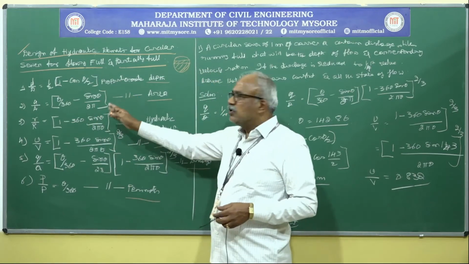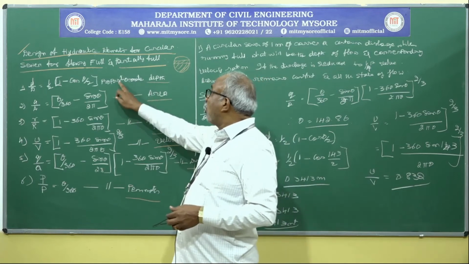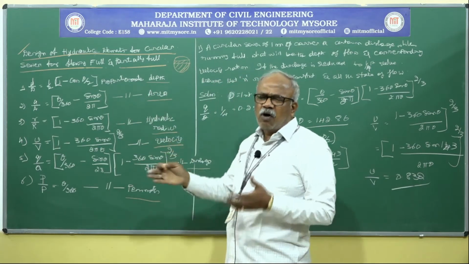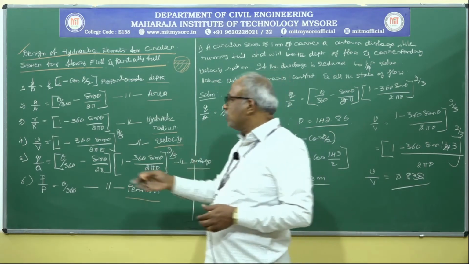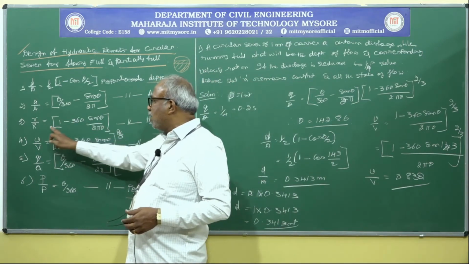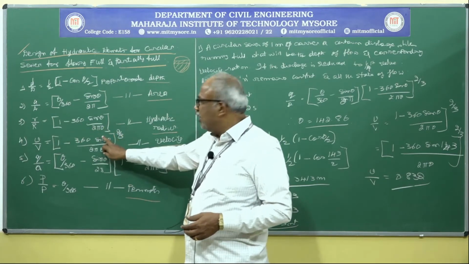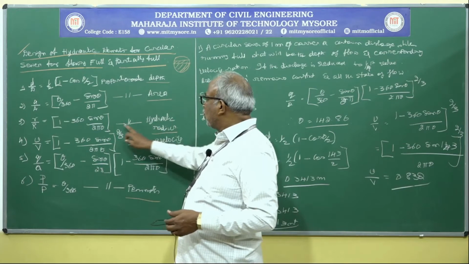That equation is used for calculating the proportionate area, not exact, proportionate. For the radius: small r by capital R equals 1 minus 360 sin theta by 2 pi theta.